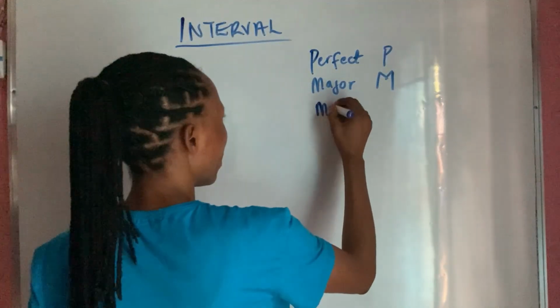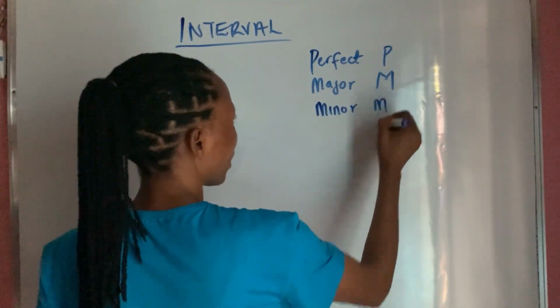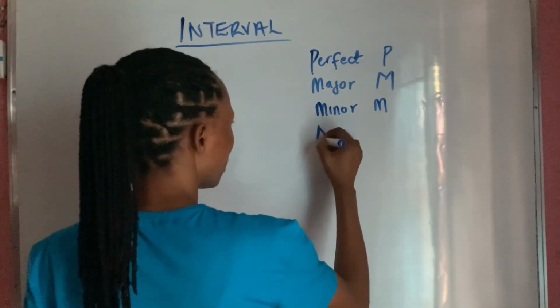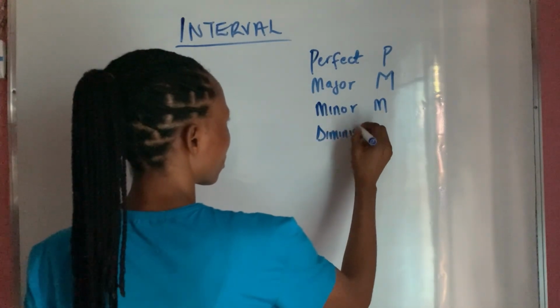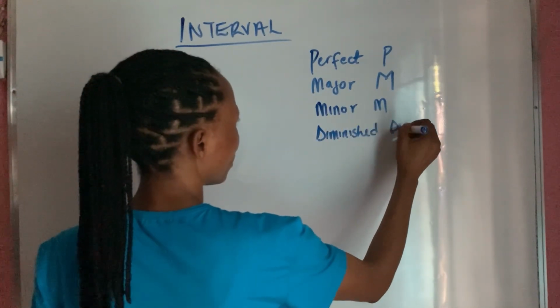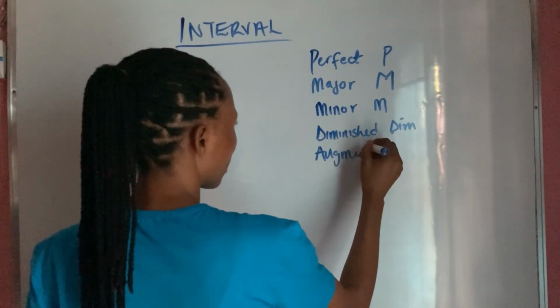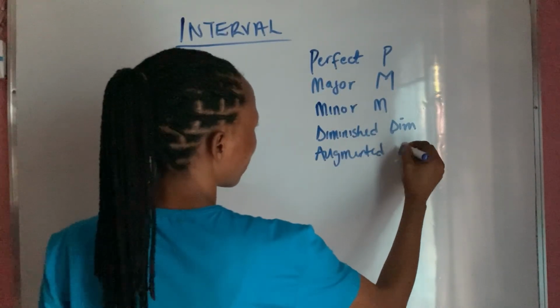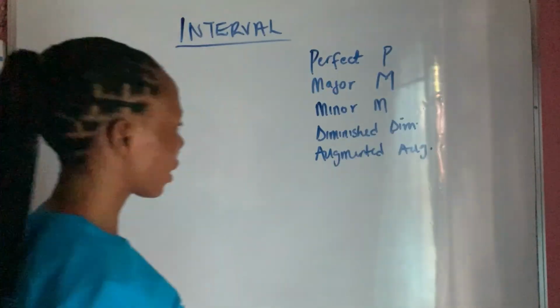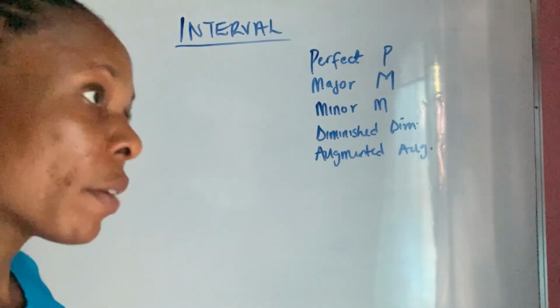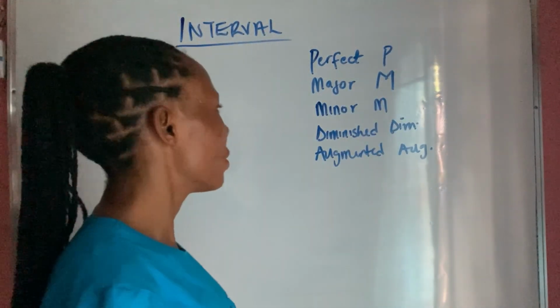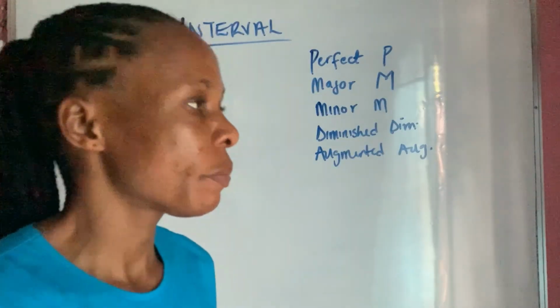And we have minor with small m. We have diminished as dim. Then we have augmented. These are the qualities of an interval. We have the perfect, major, minor, diminished, and augmented.